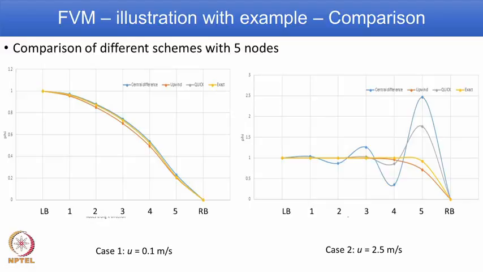You can understand the QUICK scheme is a kind of combination of CD as well as pure upwinding that we already mentioned when we explained the QUICK scheme. It has 2 nodes on either side plus 1 node on the upstream side. So, 2 nodes on either side behave like a CD, and 1 extra node on the upstream side behaves like pure upwinding.